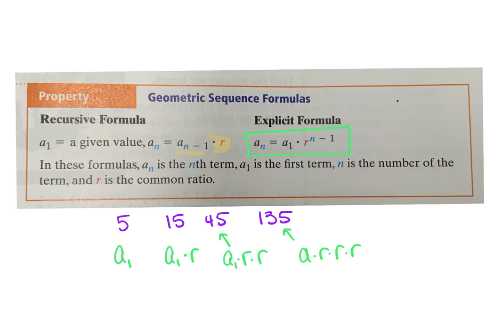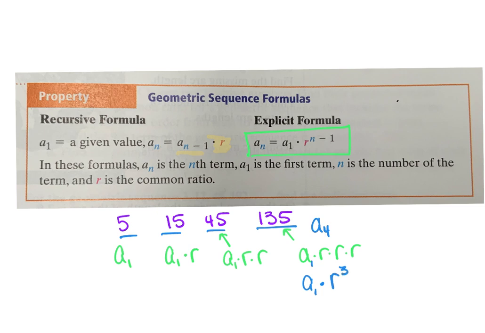You start with your first term, and whatever term you want, you take r to one power less. This is my fourth term: 1, 2, 3, 4. To get to that, I started with my first term and did r to the third power.